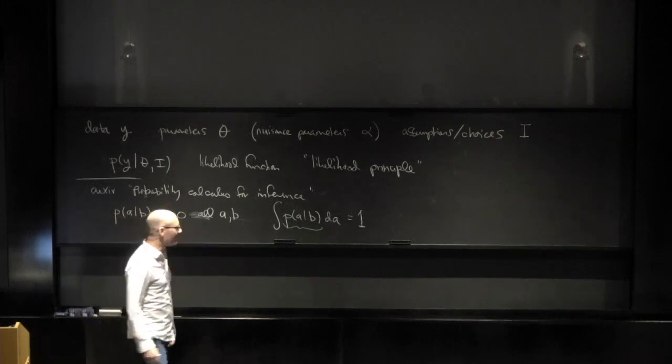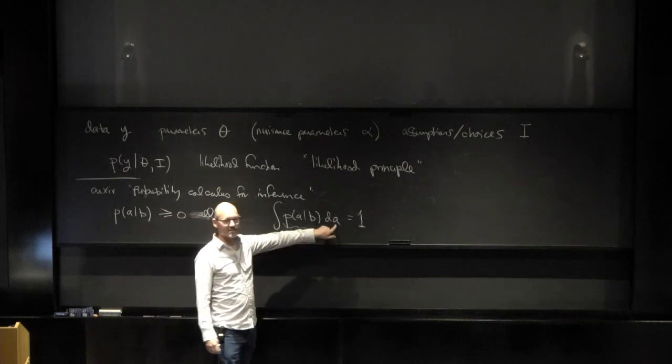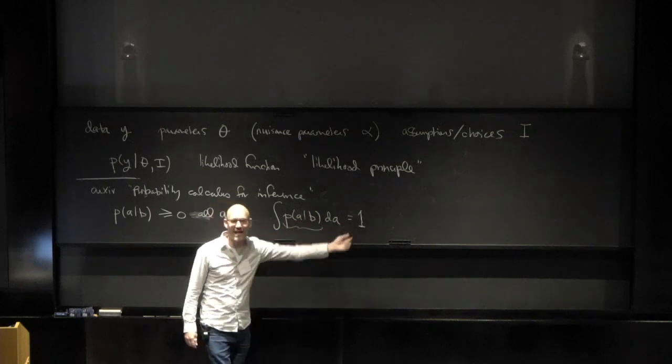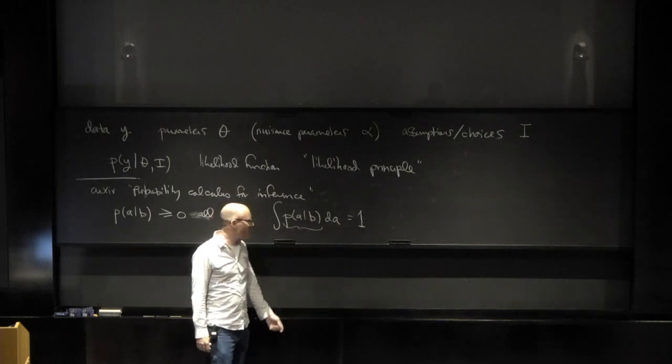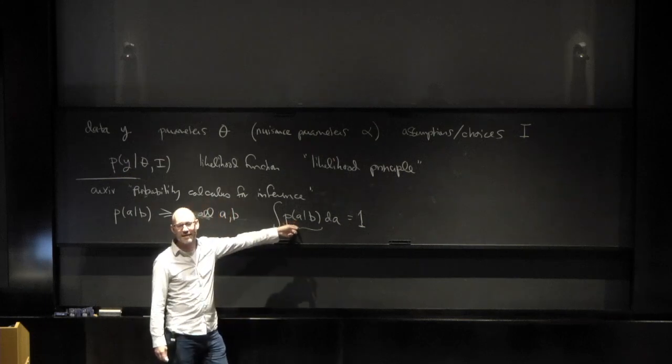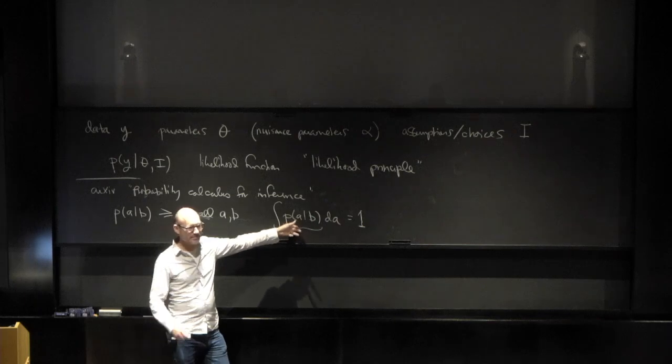Imagine A is a distance in miles, then this is in inverse miles, because when I do this integral, I have to get 1. So this thing has units of inverse A, which is a slightly strange thing.